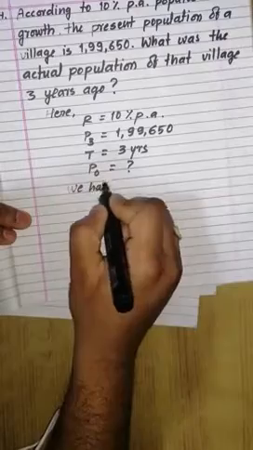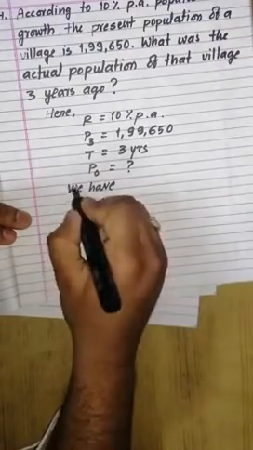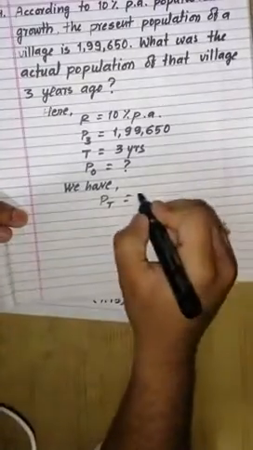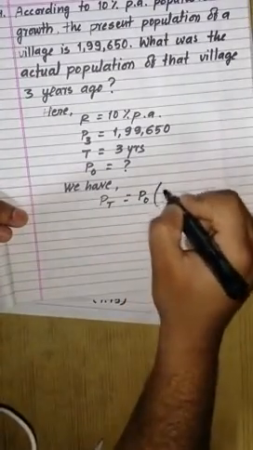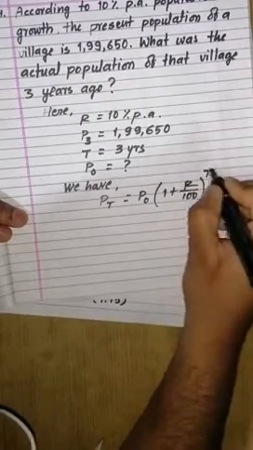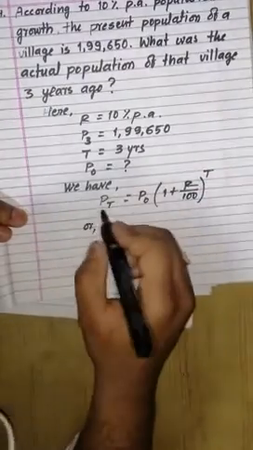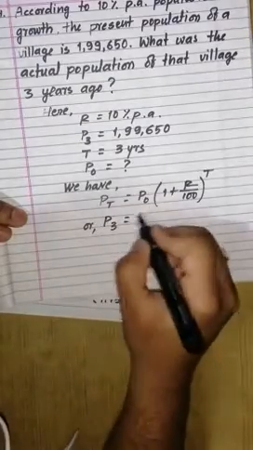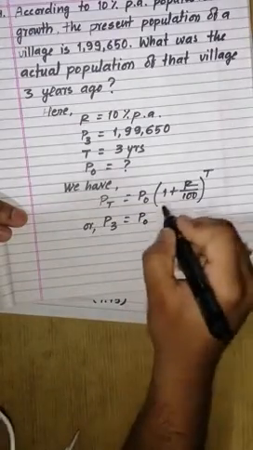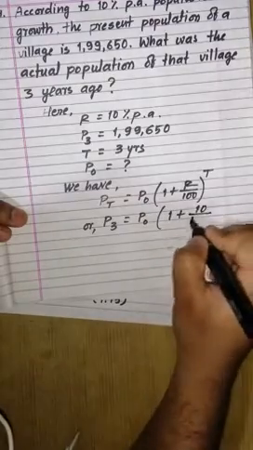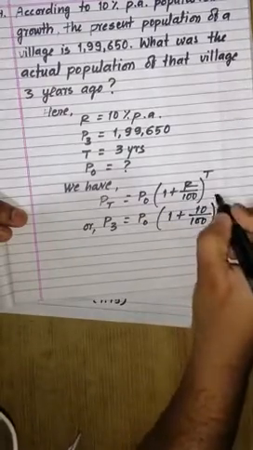So we have PT equals P0 times (1 plus R by 100) to the power T. In place of PT, now we can write P3 equals P0, that's what we are looking for, times (1 plus rate 10 by 100) to the power 3.